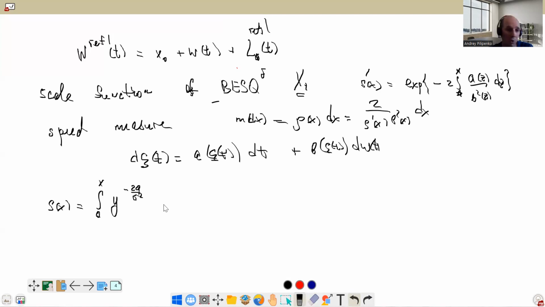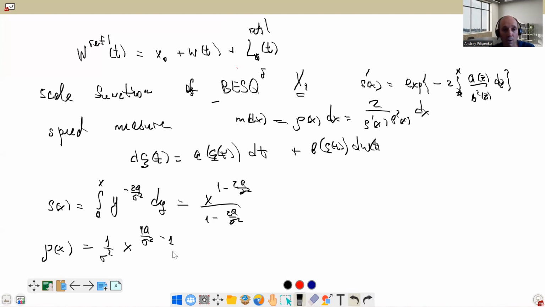We can integrate and the result will be x to the power 1 minus 2a over sigma squared, and the density of the speed measure is 1 over sigma squared times x to the power 4a over sigma squared minus 1, if x is positive.